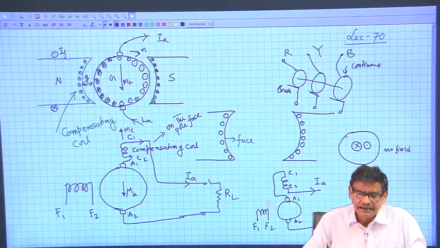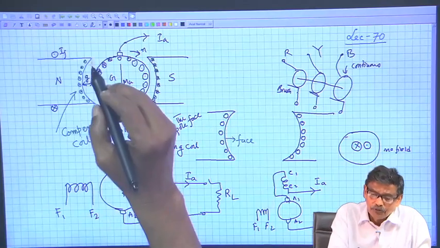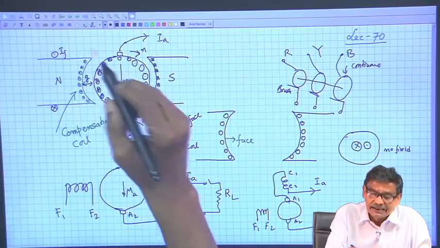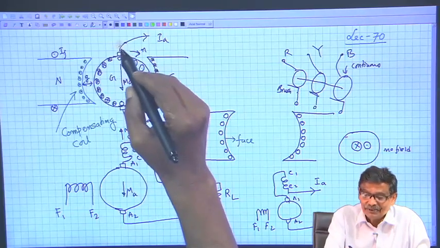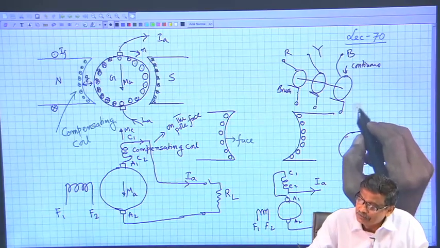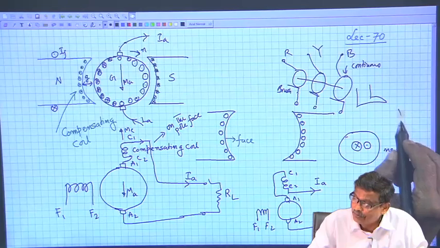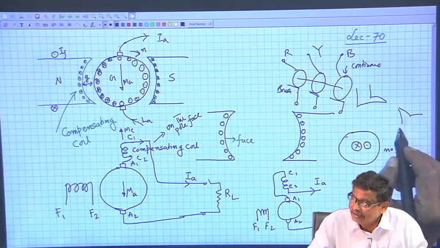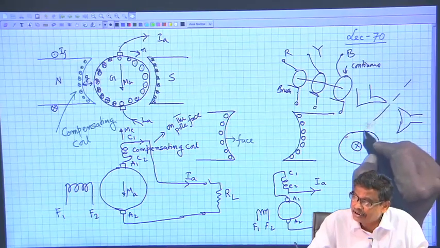Do I get really 100% relief? The answer is maybe not, because the pole face does not extend up to this zone; the pole is there from this to this. While calculating pole pitch, this is one pole, then there is another pole here, I drew it, flux per pole calculation, this is the magnetic neutral axis.